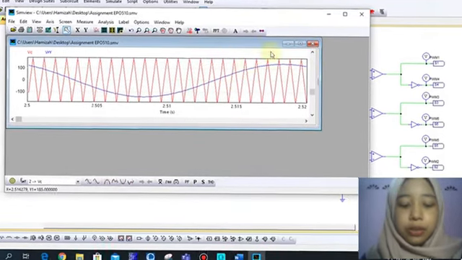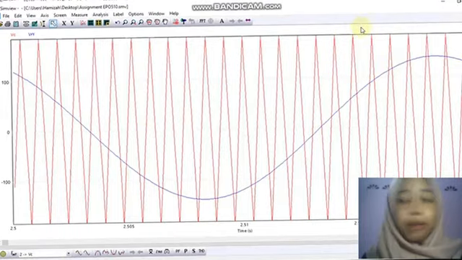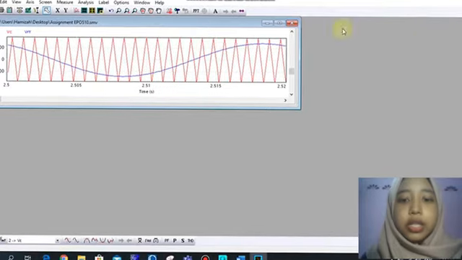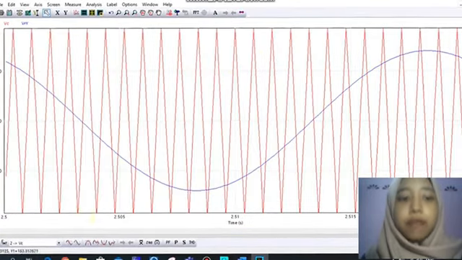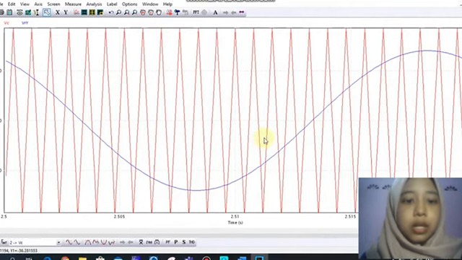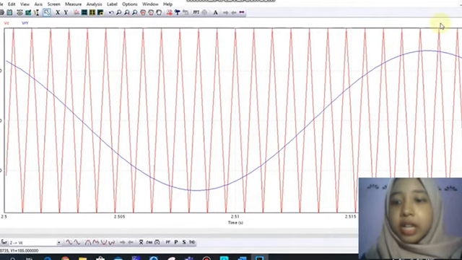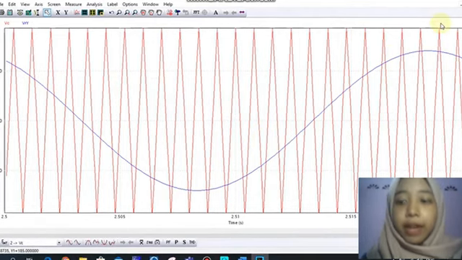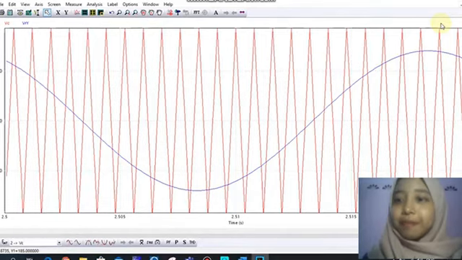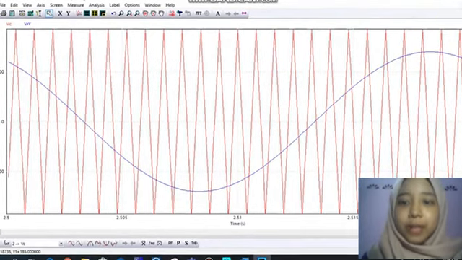Okay, so this is the final combination waveform of VRY and VC. As we can see, the range is between 2.5 until 2.52. It's the same as this question.